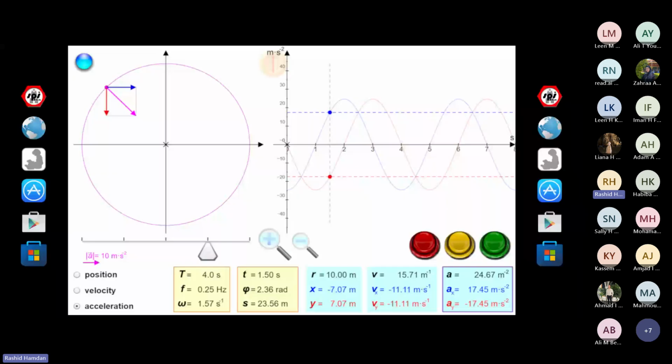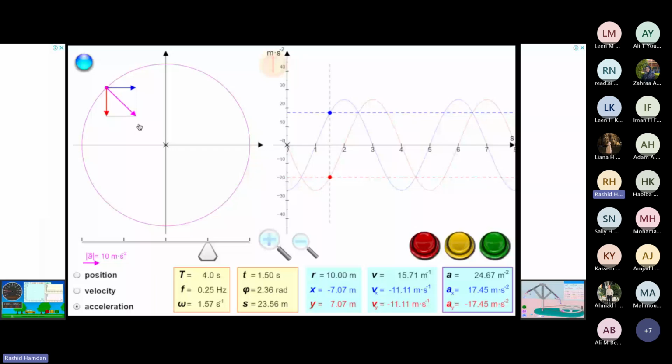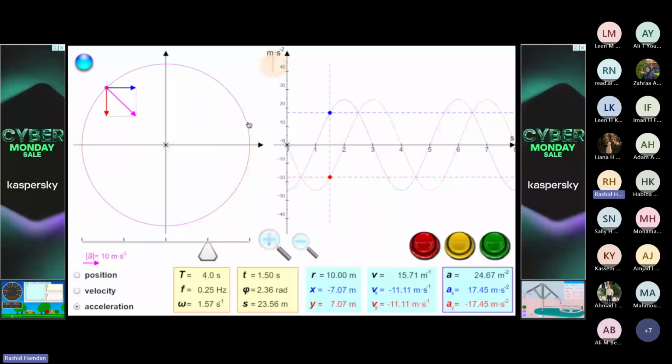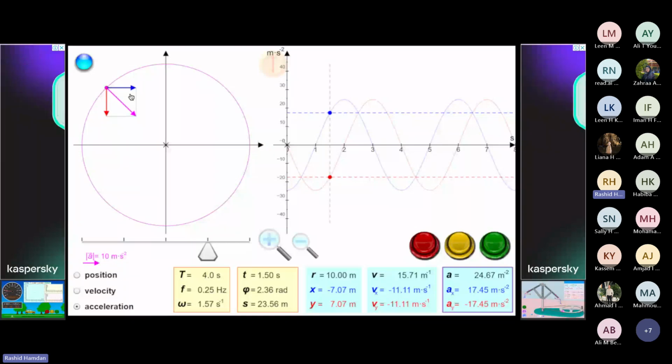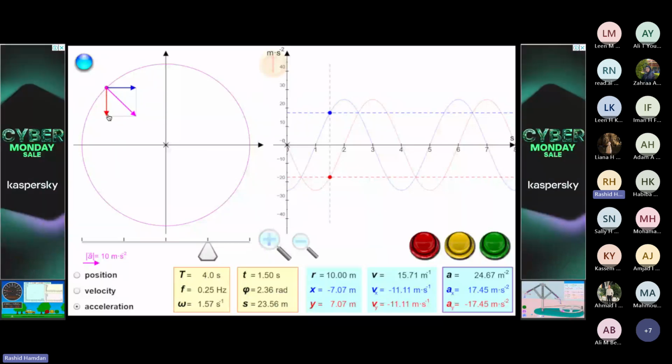So this is an object going on a circle. They draw for us on the circle here the acceleration vector, the pink line. The blue line is its x component, and the red arrow is its y component.